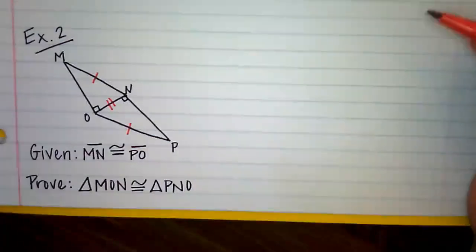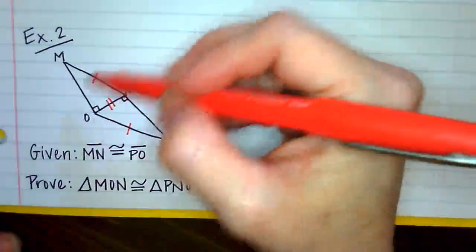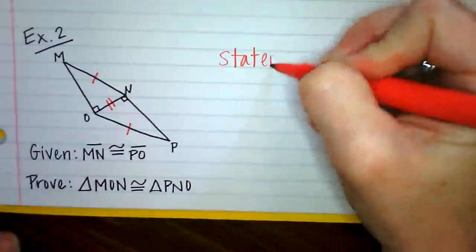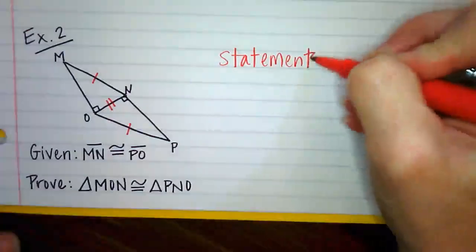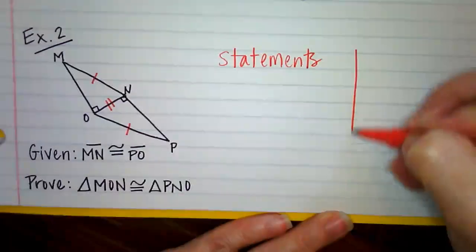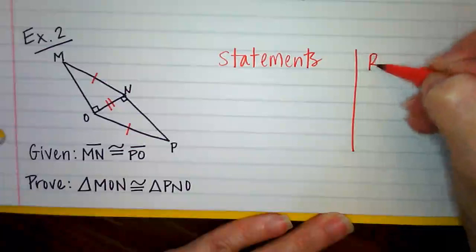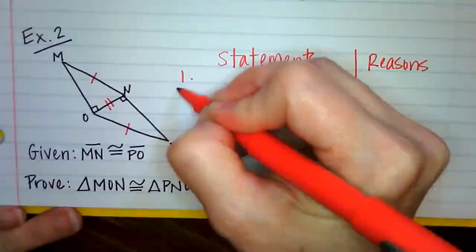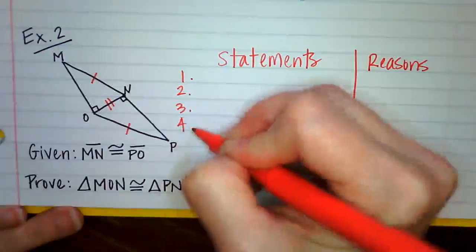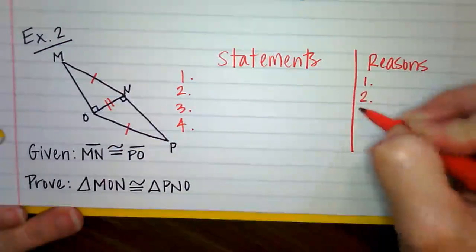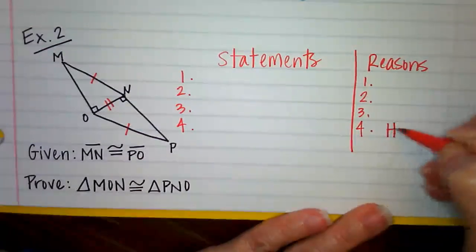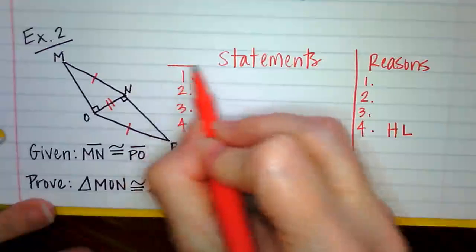So it looks like we're going to use hypotenuse leg. Statements and reasons. I understand that this is a little tiresome, but this is what it is. So we have 4 lines, and my last reason is going to be hypotenuse leg.